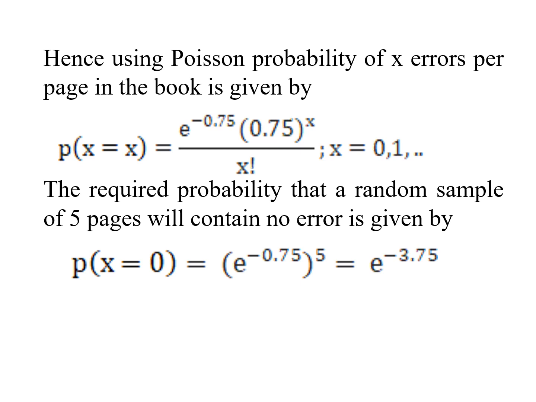So the remaining is e power minus 0.75, whole power 5. Why are we putting power 5? Because the random sample of 5 pages will contain no error. So we get e power minus 3.75, which is 0.75 into 5, giving 3.75. So the required probability that a random sample of 5 pages will contain no error is e power minus 3.75.